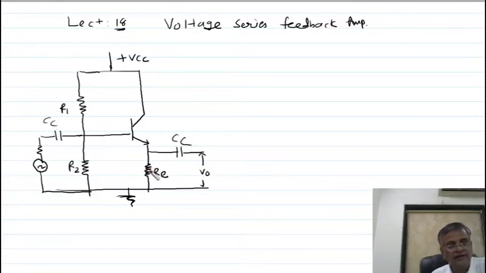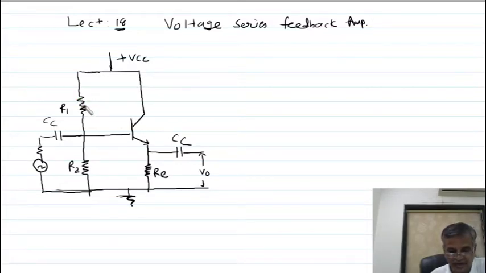And the voltage developed across RE is feedback to the input. Whatever voltage is developed across RE, the entire voltage is feedback to the input. So there is a 100% negative feedback.